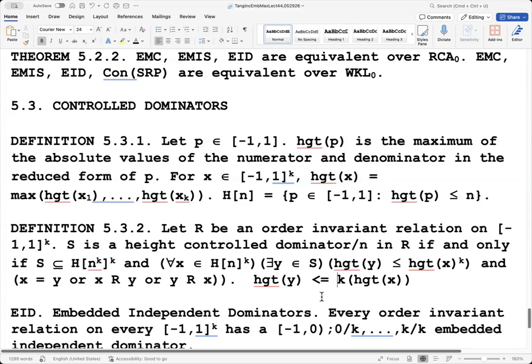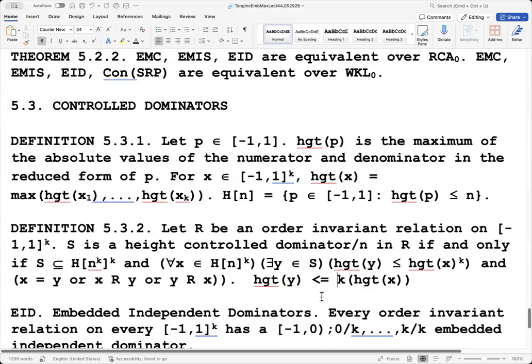But the idea is that in these dominators, for every point in the space, there is a point. Now we only want to do it up to a certain place in the space. So for every point we're worried about, there's somebody that dominates it. To dominate it, you're either equal to it or you're related to it.